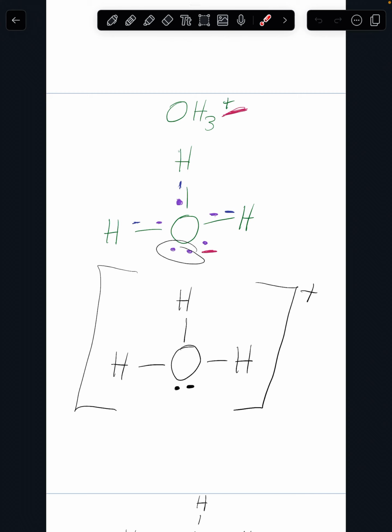Okay, so we have our oxygen that we were talking about. It has the 3 hydrogens. So you get the 1 bond, 2 bonds, 3 bonds. However, to follow the octet rule, you have the 1, 2, 3, 4, 5, 6.